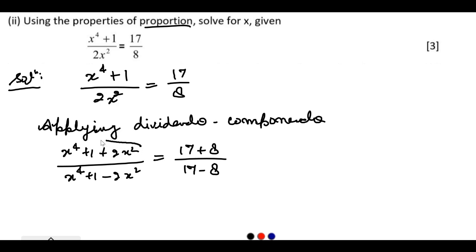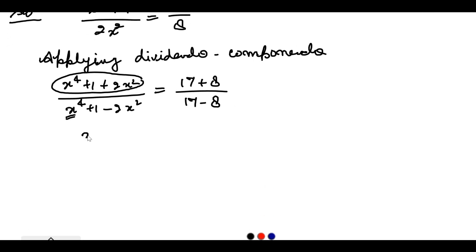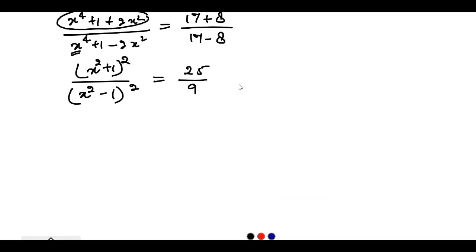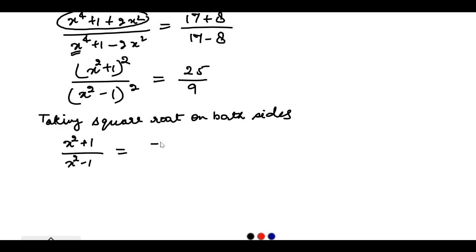Now this term is the whole square of x square plus 1 and this is the whole square of x square minus 1. Now taking a square root on both sides is equal to plus minus 5 by 3.